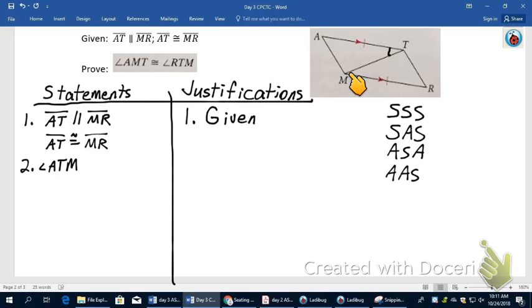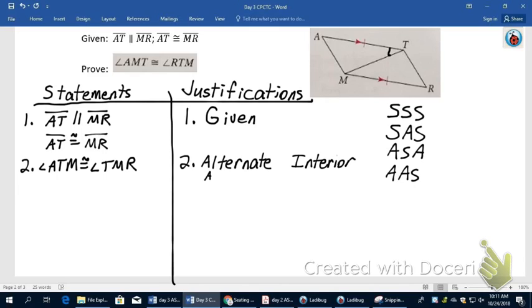That angle has to match angle TMR, or you could have called that angle RMT. And now I'm going to call those alternate interior angles theorem yet again. So if you don't have parallel lines, don't use alternate interior angles. If you do, use them.